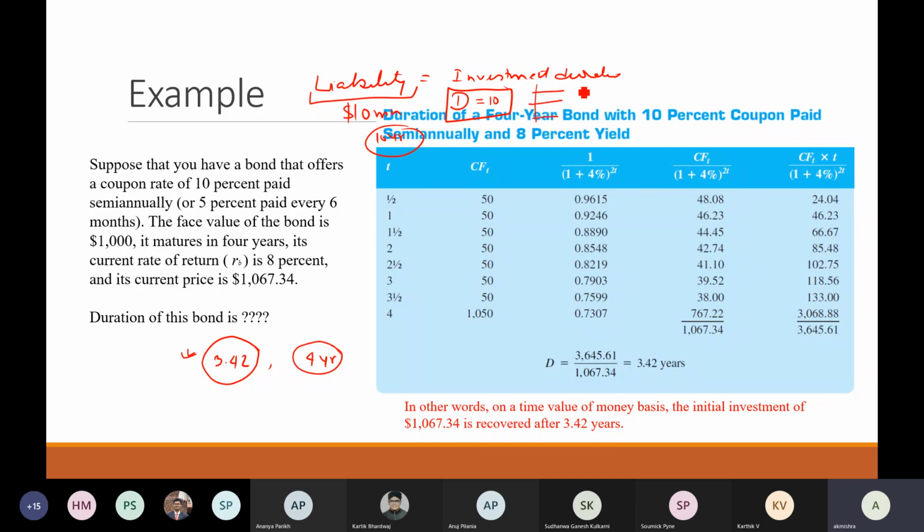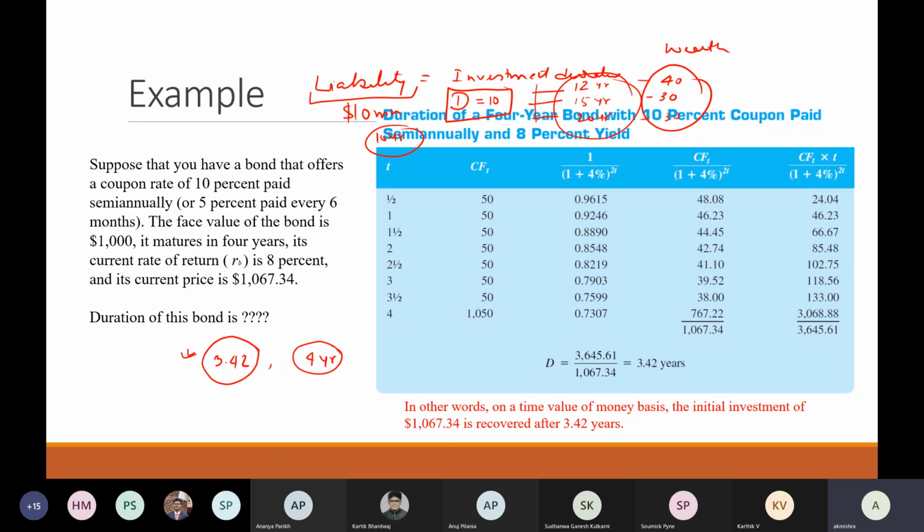Let's say you purchase one 12-year bond, another 15-year bond, and a 20-year bond, and when you calculate your duration, you know how much it is. Let's say 40% you invested here, then 30% of your wealth in each of the other two.